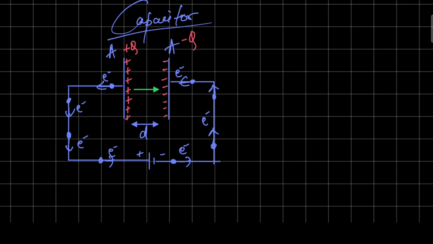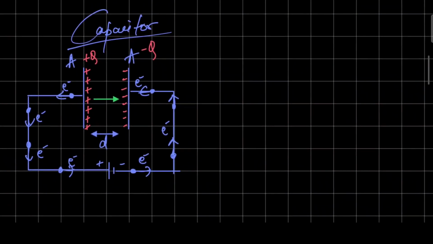If we continue to find the total electric field between the plates, we first analyze the electric field of the first plate, and then do the same for the second plate.